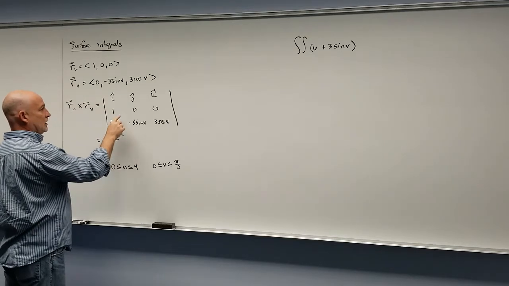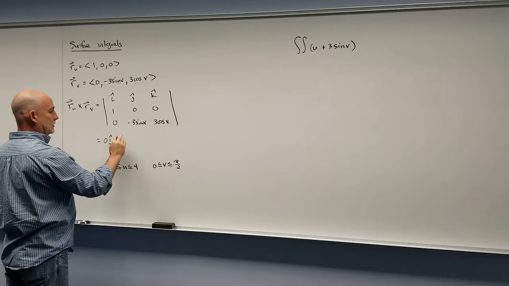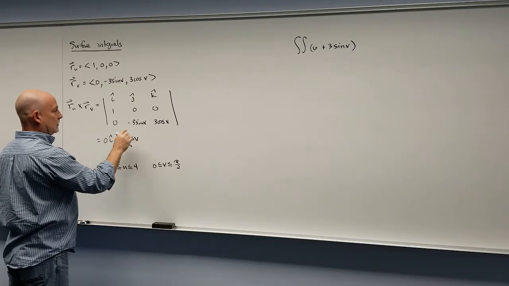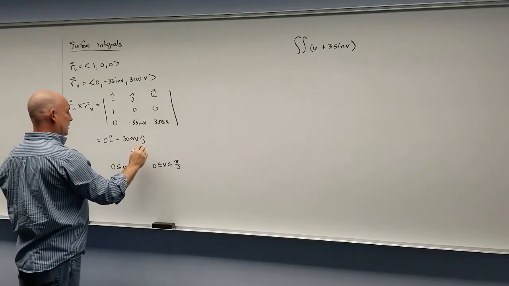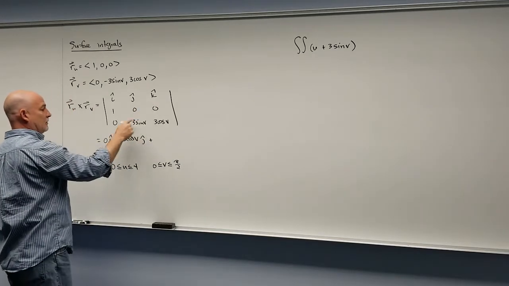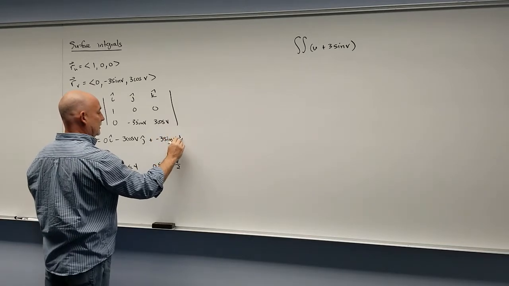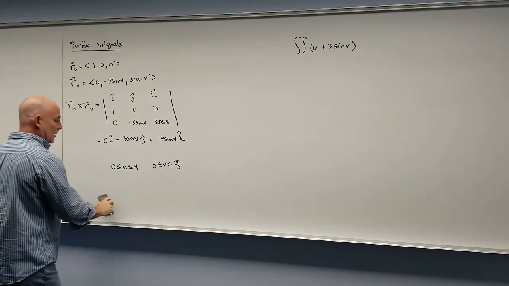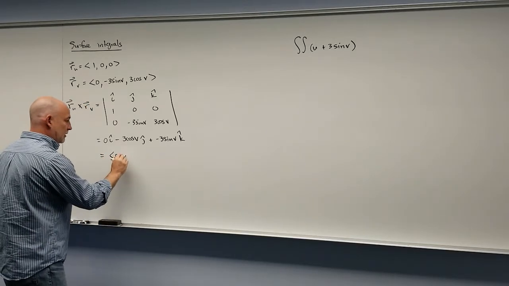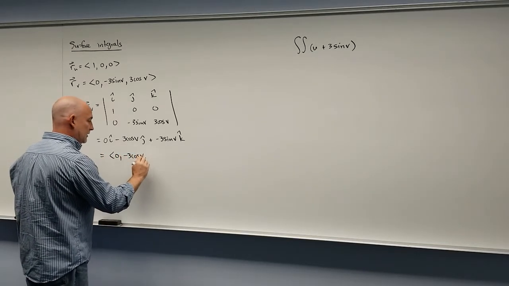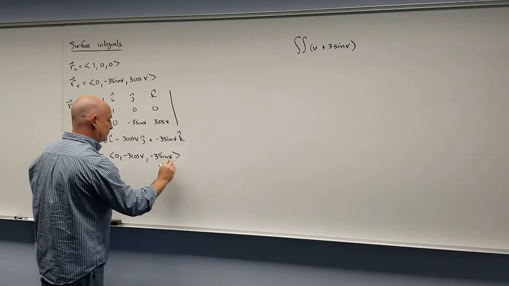Minus, in the j direction, I get 3 cosine v minus nothing, j, and in the k direction, I get minus 3 sine v, k. So this ends up being 0, negative 3 cosine v, and negative 3 sine v.